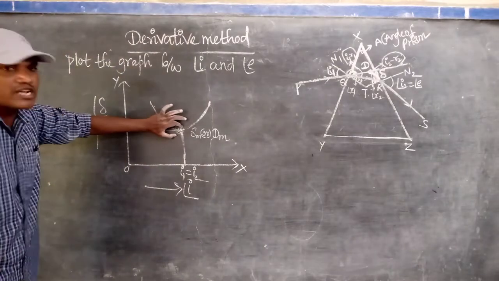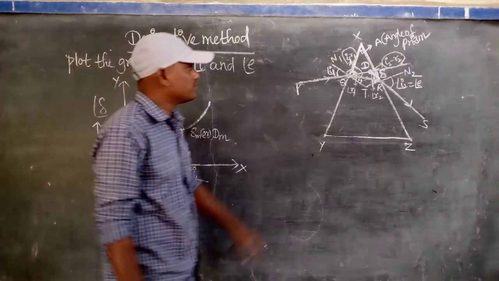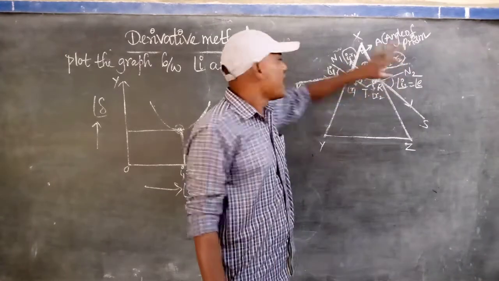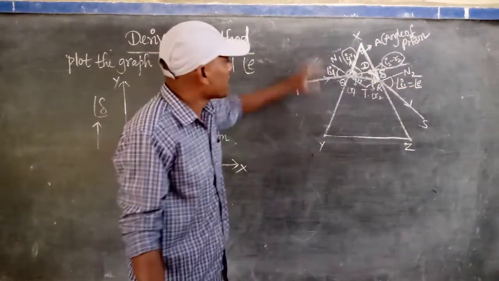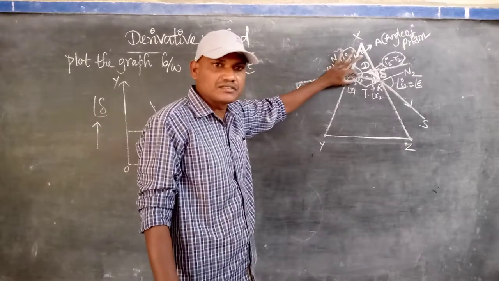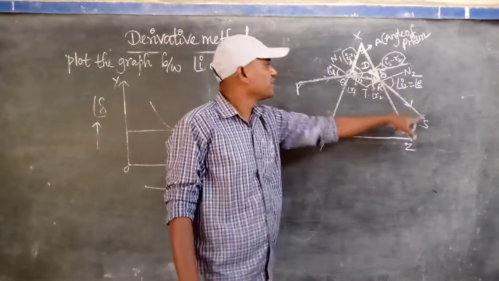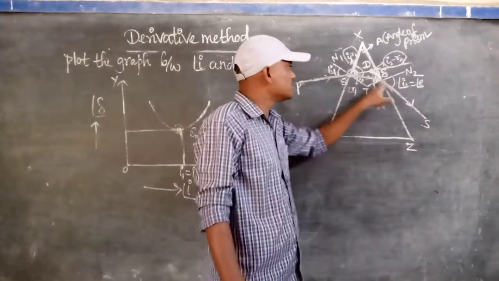At the minimum deviation angle, we find that I1 is equal to I2, meaning I1 is 30 and I2 is also 30. That's why the angle of incidence is equal to the angle of emergence. So here I1 is 30, R1 is 20, I2 is 30, R2 is also 20 in the reverse mode. Because I1 is equal to I2, R1 is equal to R2.